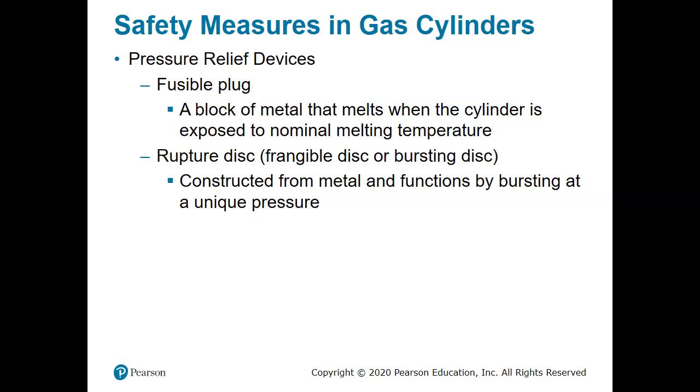What these pressure relief devices do is, when they encounter certain temperature or pressure circumstances, they will open a door inside of the gas cylinder to allow the gas to escape out slowly. And by allowing that gas to escape out slowly, it'll prevent the potential harm of a more significant, larger explosion. So the two pressure release devices are these.